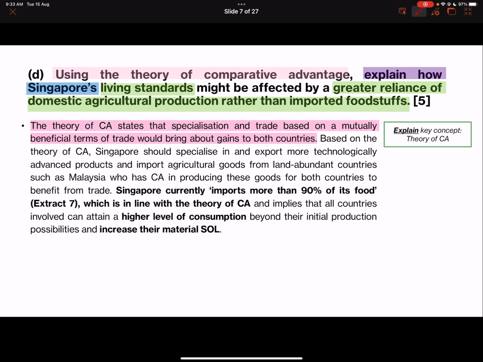Okay. So then you say, if I follow the theory of CA, I should import my food. And if I do so, I increase material SOL. So again, this is still number 1. Here's what the theory of CA recommends.